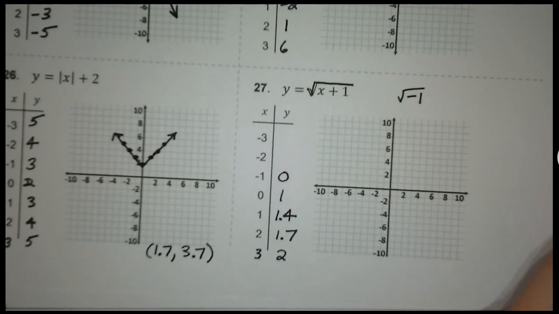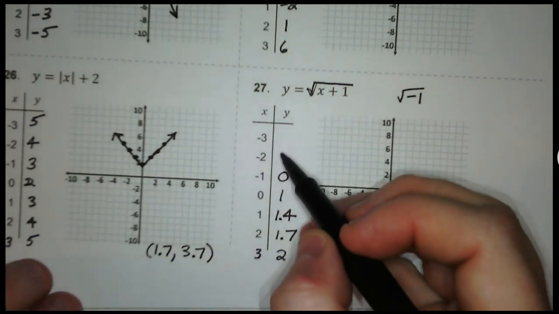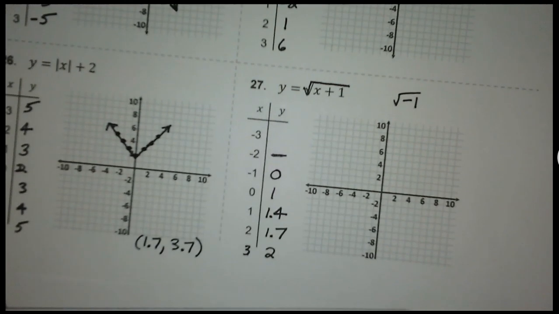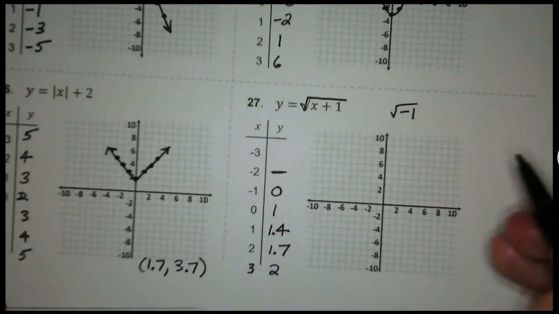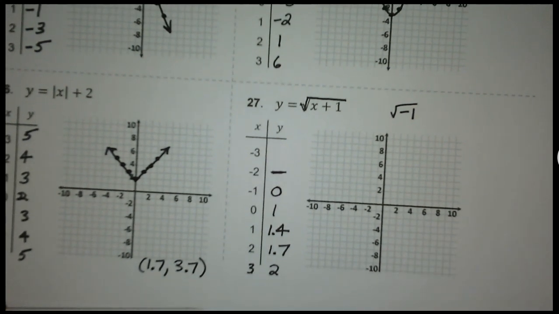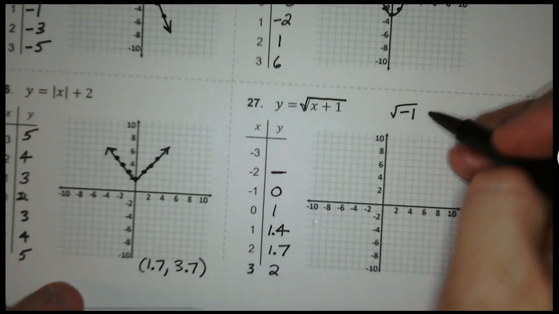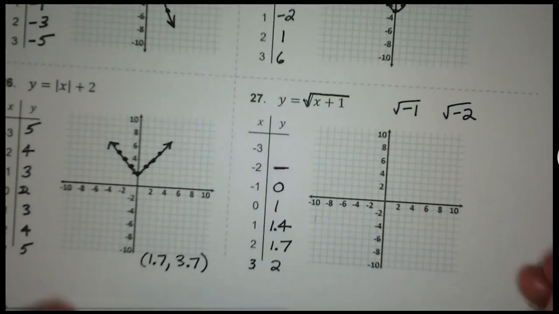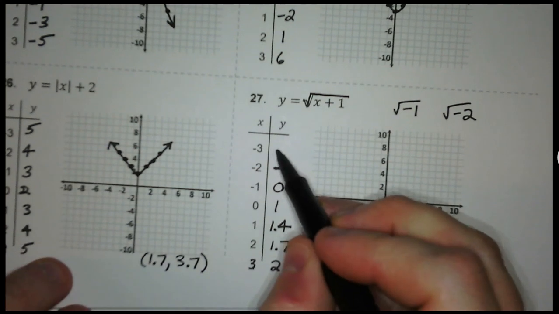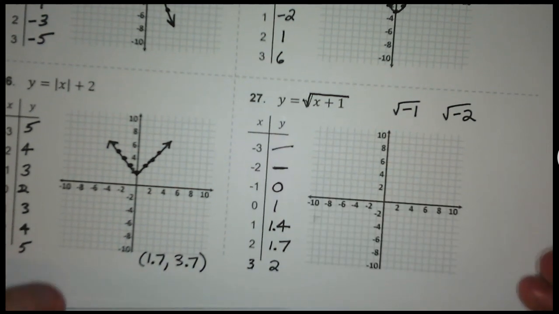You cannot take the square root of negative 1. So there is no answer for that. And there's not going to be a point that has negative 2 as the x coordinate. There just won't be. Same with this negative 3. When you plug in a negative 3 for x, you end up with the square root of negative 2. Doesn't have an answer, so nope, doesn't apply.